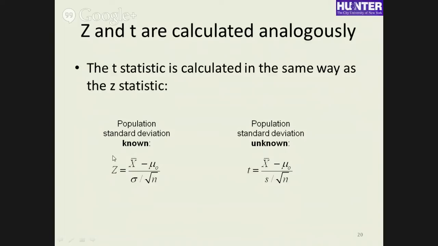So what it does for us is it tells us the probability of getting any particular average for your sample, given some null hypothesis. And T is the same thing. It's just a slightly different thing that you calculate from your sample.